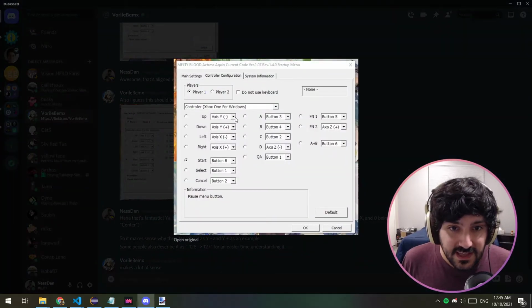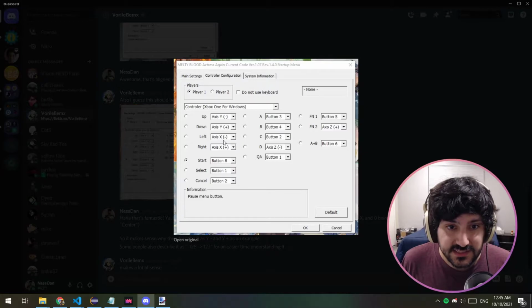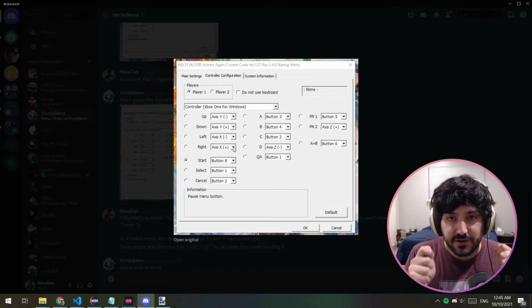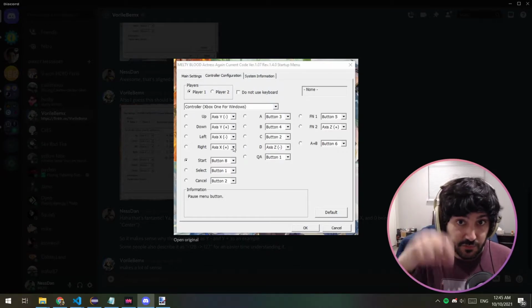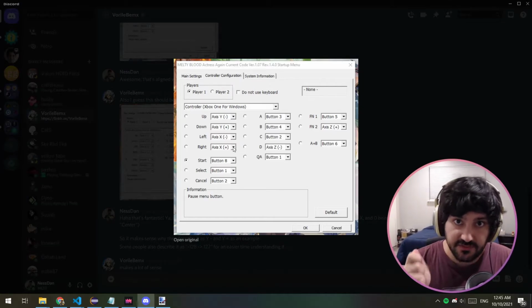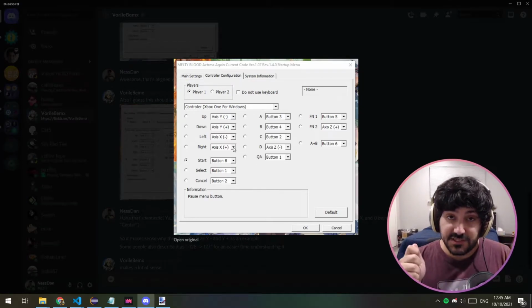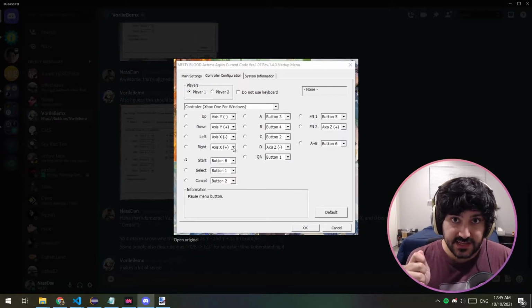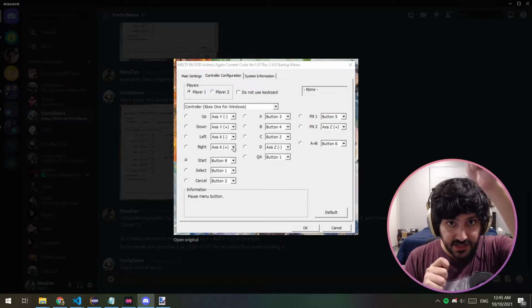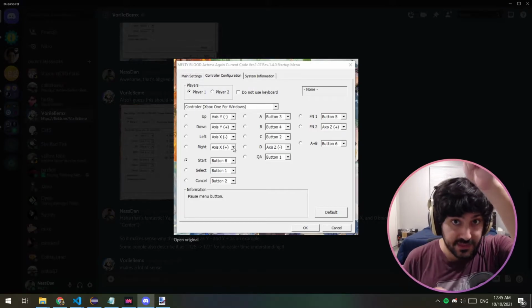Now, fun fact, they've got this Y minus and Y plus for up and down, and X minus, X plus for left, right. Controllers at the end of the day report the stick in two values. There's an X value and then there's a Y value, and those values can only be between 0 and 255. 0 would be far left for the x-axis, and 255 would be far right, and then 0 for y would be all the way up top, and then 255 would be all the way at the bottom.